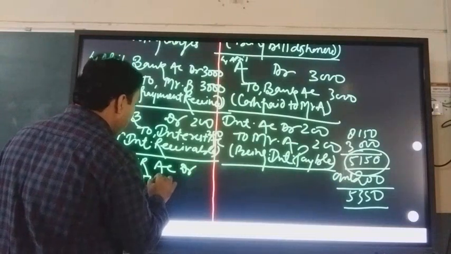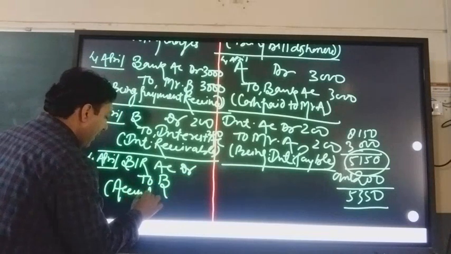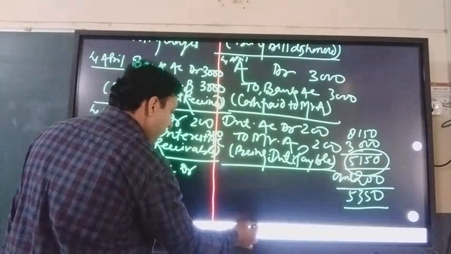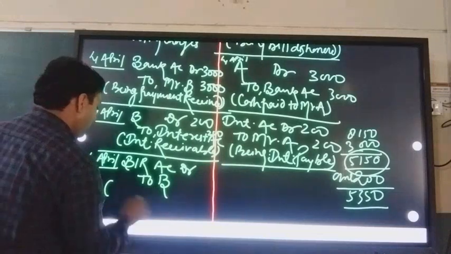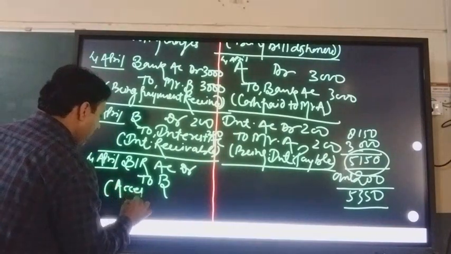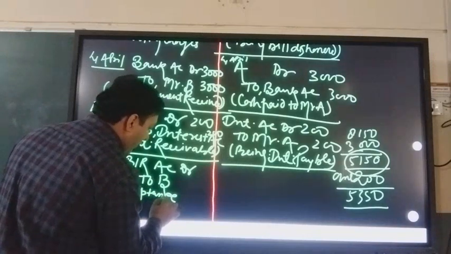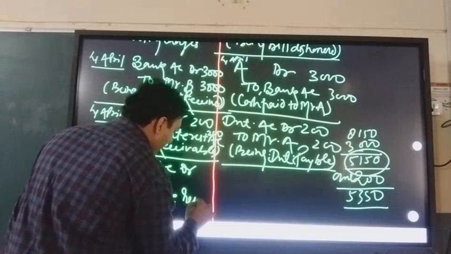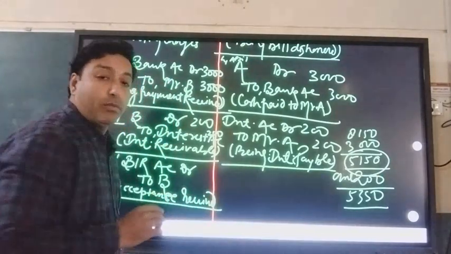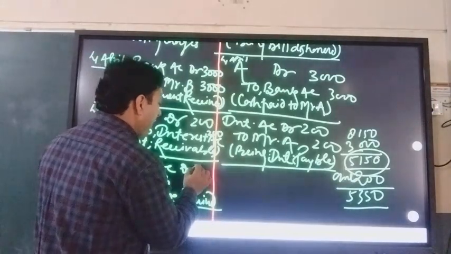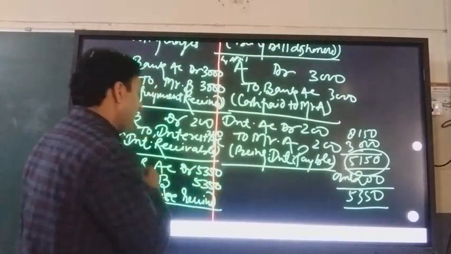BR account debit to Mr. B, being acceptance received. ठीक है. How much amount for the new bill? 5350. You have to write the new bill for 5350.